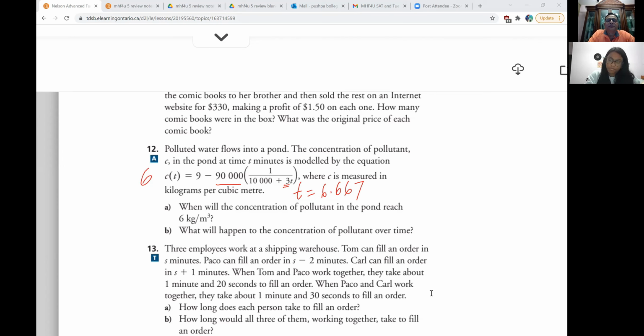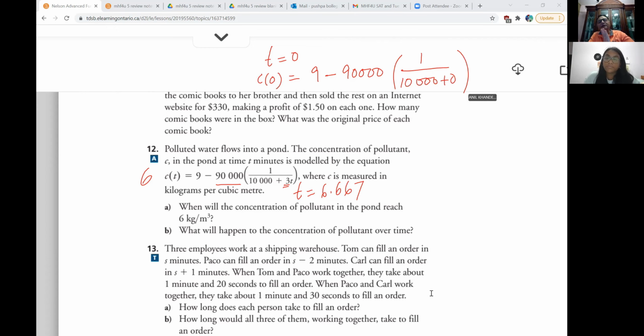So if you plug in T equals 0, what do you get C of 0 as? C of 0 will be 9 minus 90,000 over 10,000 plus 0, because I've substituted T as 0, correct?